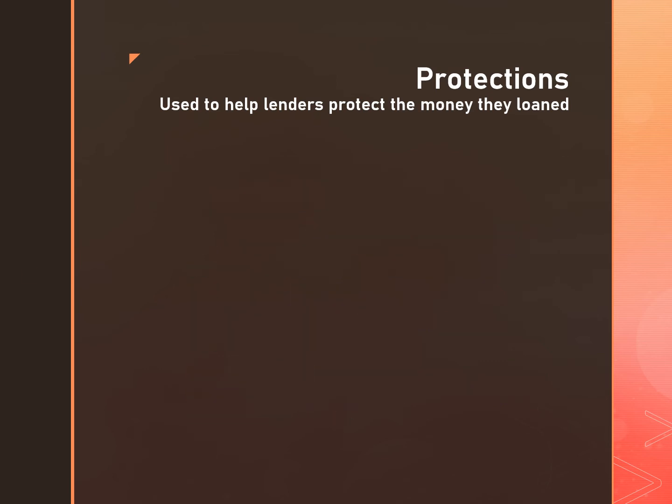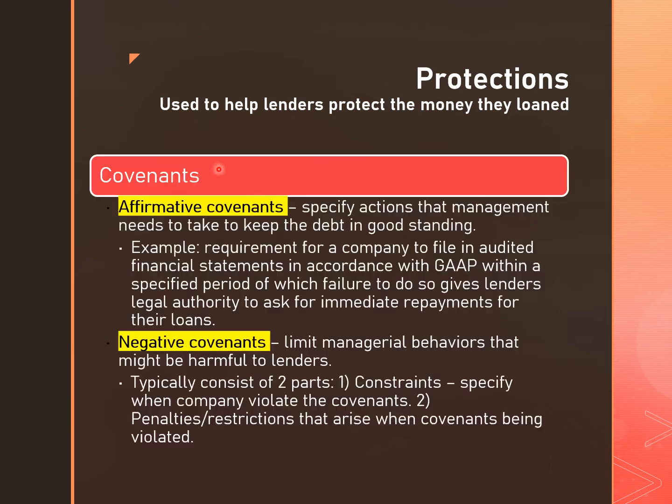Okay. The last protection adalah covenant. So this covenant ada dua jenis, which is affirmative and also negative covenant. So kalau affirmative, dia akan specify action that management kena buat to keep the debt in good standing. For example, here, there are requirement for a company to file in the audited financial statement in accordance with GAAP within specified period, of which kalau kita gagal nak buat macam tu, dia akan bagi lender tu hak untuk minta bayaran balik segera.